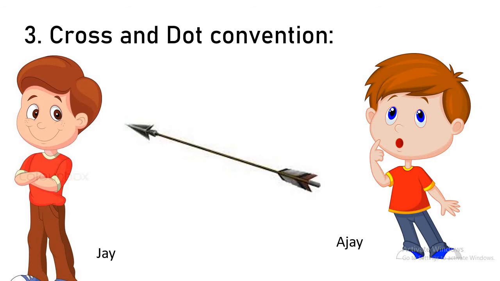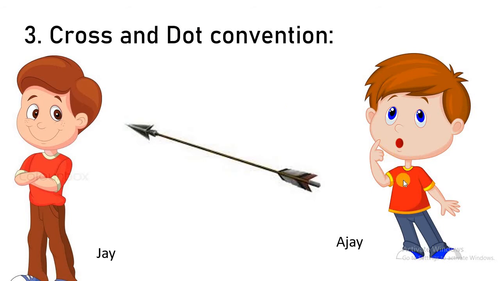The front view of the arrow is visualized as the tip of the arrow, which is seen by Jai. Jai is only going to see the tip of the arrow, so the tip of the arrow will be represented by a dot.